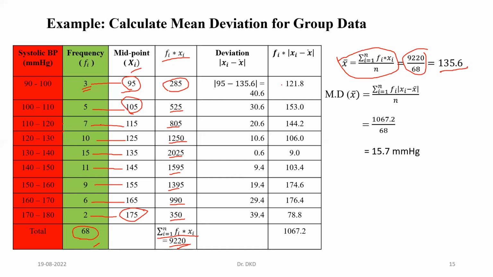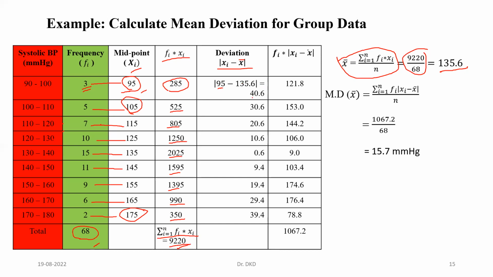For deviation, according to the formula, we need to find the modulus of xi minus x bar. This is the x bar mean value. Then xi is 95, so we take 95 minus x bar, which is 135.6.